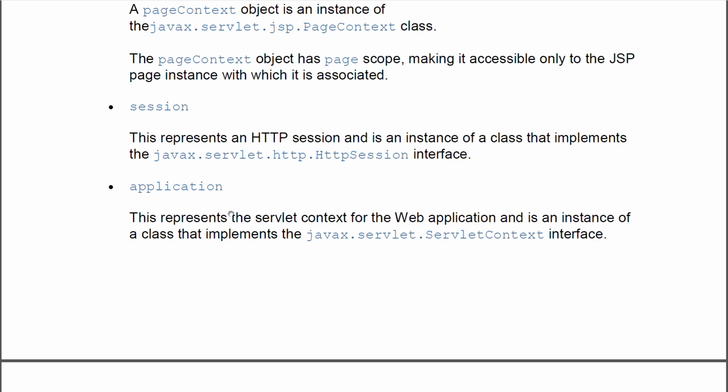The application object will represent the context of the entire web application. When we say application, we are referring to the complete context of our application. So we can access the context parameters or some variables which belong to our web application using this object.